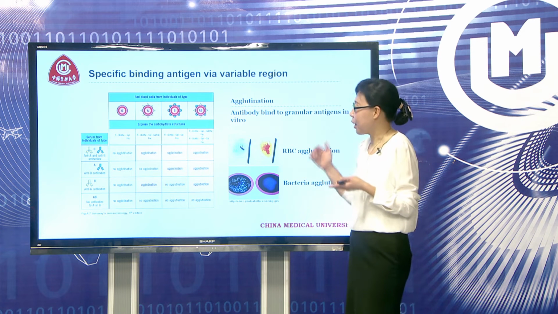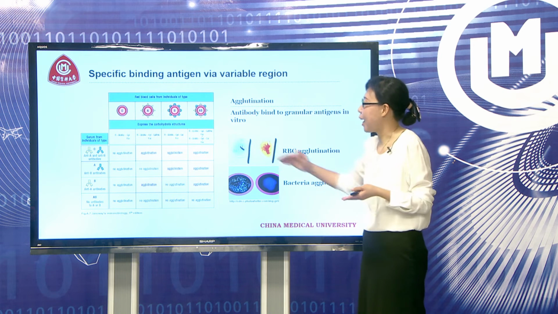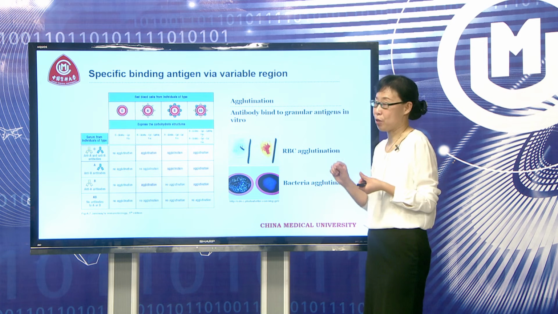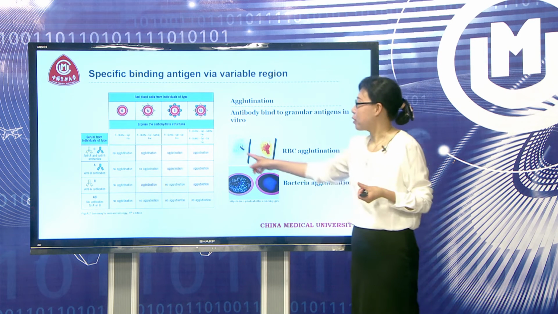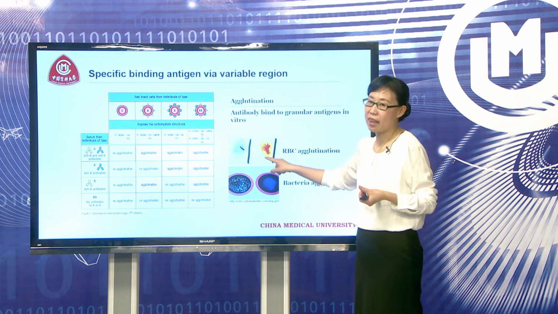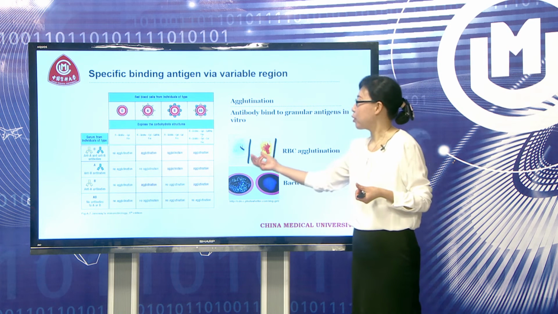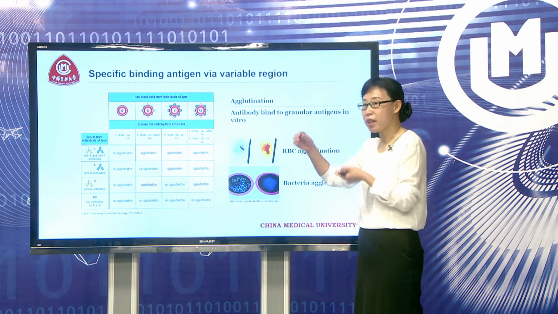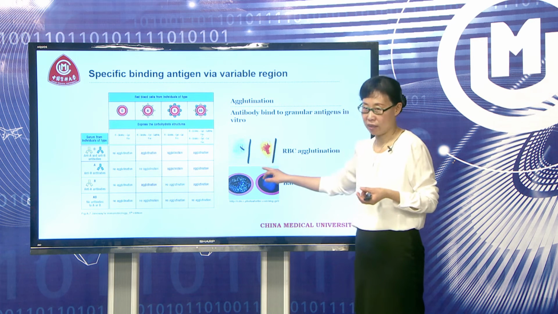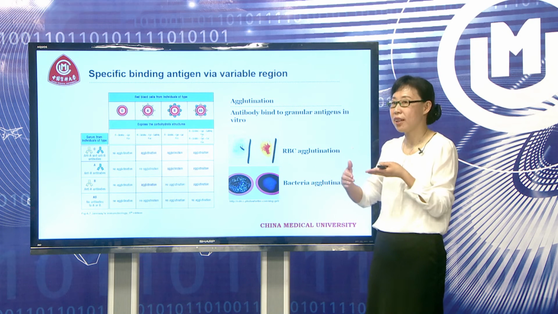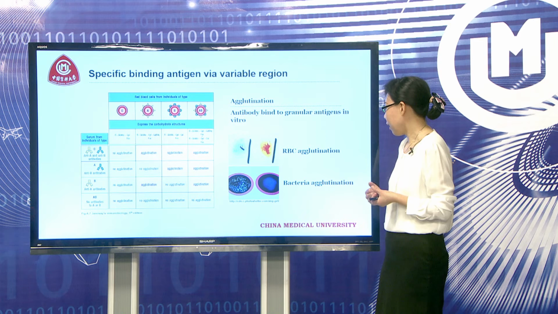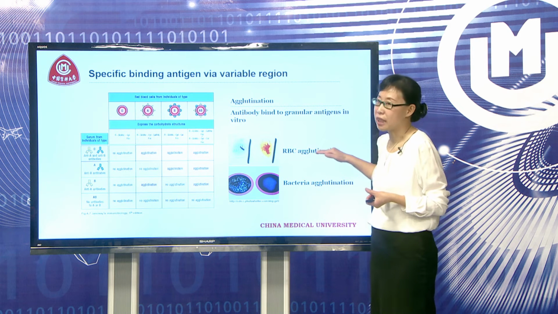So we can use antibodies to identify the blood type in vitro. For example, this is the antibody against the A antigen, and this is the antibody against the B antigen. These antibodies are mixed with the red blood cells. If we observe agglutination, we can identify the ABO blood type. This is called agglutination.